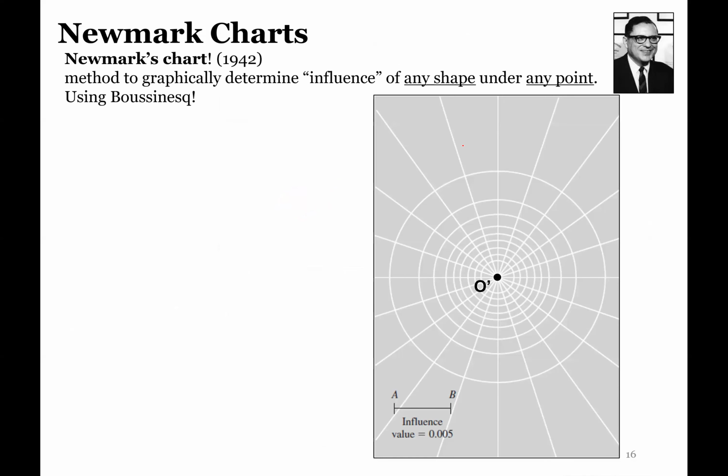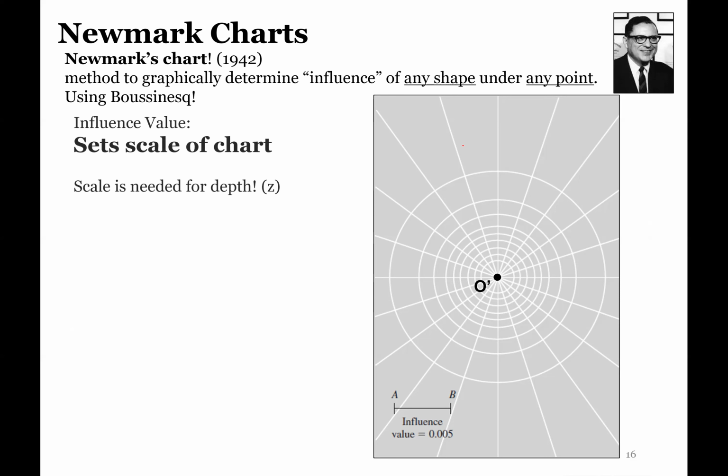It looks like some Star Wars stuff going on, but this is a scaled representation of this influence value. And the point in the center is the point at which we care about the increase in vertical stress.